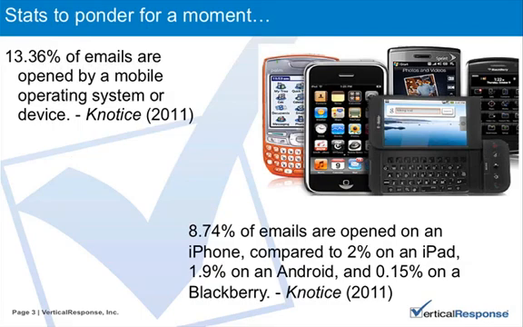So here are some stats to keep in mind when you're creating your email campaigns. Mobile phone users are usually not going to be a huge amount of the people in your mailing list, but as mobile phones get more popular, there will be more and more people who start reading their emails on mobile phones.